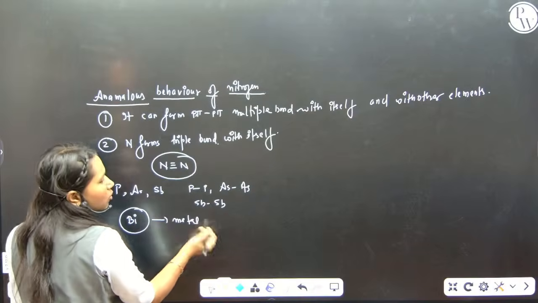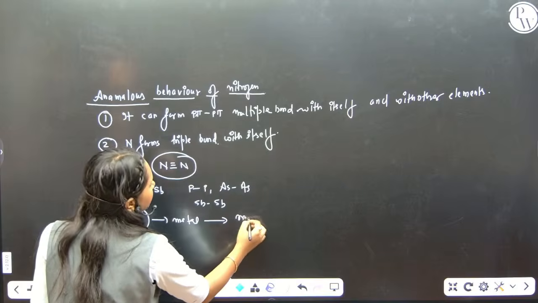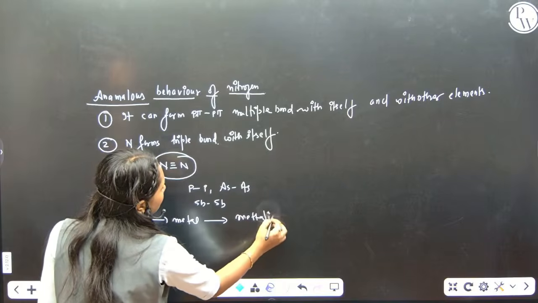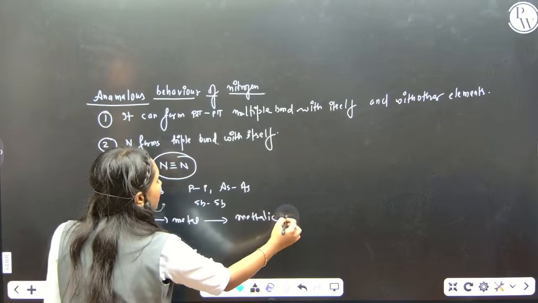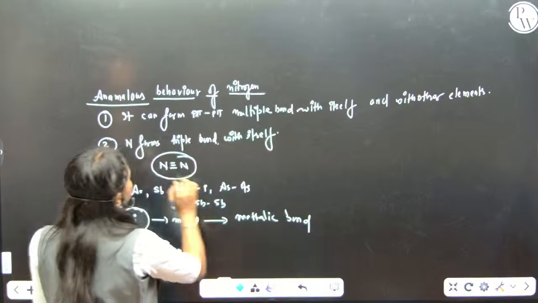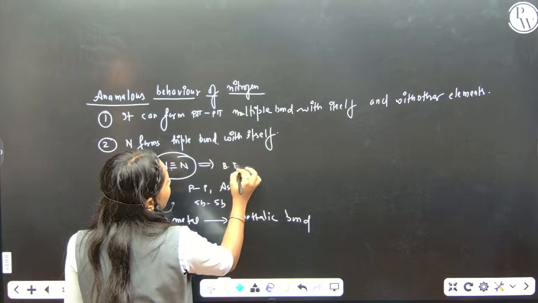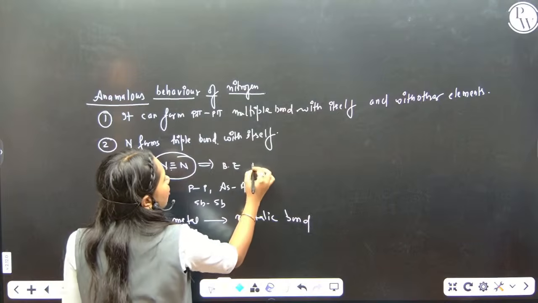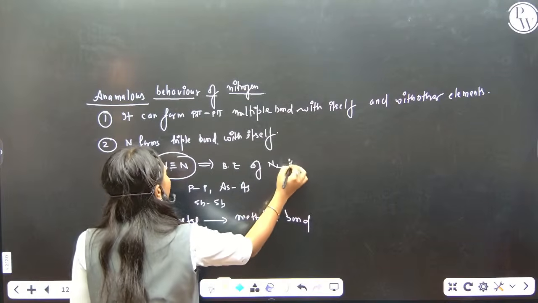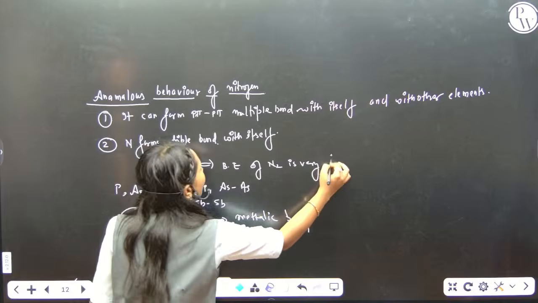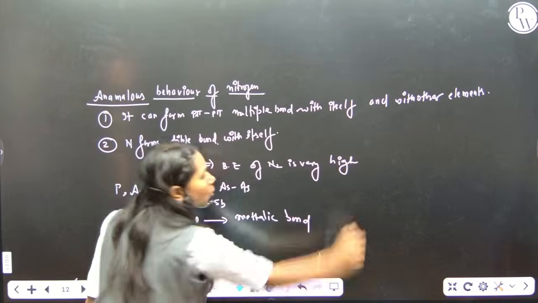It does not form the covalent bond. It forms a metallic bond. And because N2 exists like this, the bond enthalpy or bond energy of N2 is very high.